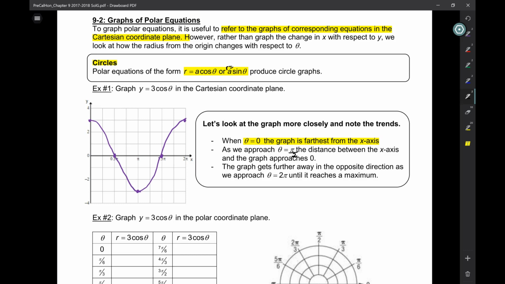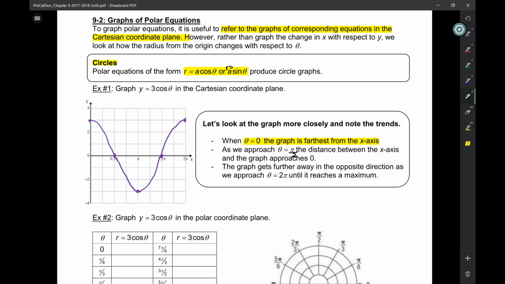Do you see that? And then the graph gets further away in the opposite direction. So from 3, we approach 0, then it starts to go far again, but now in the opposite direction. And then eventually it turns back around and goes back to its original maximum at theta equals 2 pi.